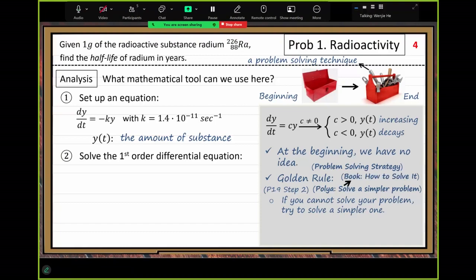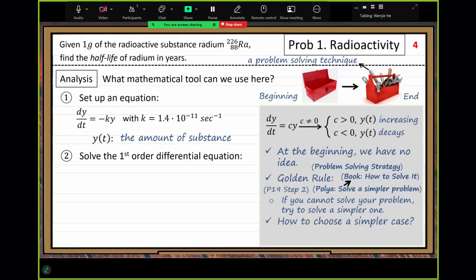Not very thick, but its impact is big. In that small book, he discussed all the problem-solving strategies and procedures, step 1, 2, 3, 4, and he used a lot of examples to explain. This golden rule is one of the several strategies in that book.